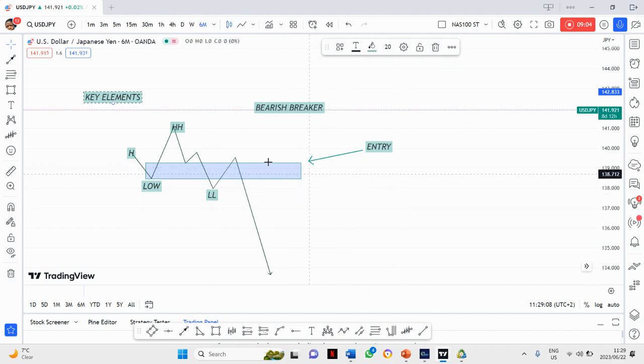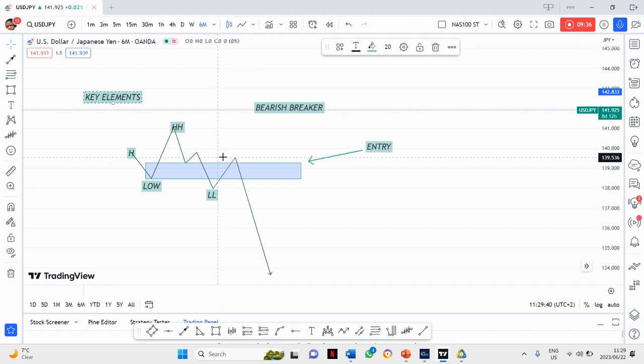So here's the entry of the market. Where you have to enter the market is always here. You don't have to look for somewhere else. If it confirms that the market is going to drop, you can just enter here or you enter here. That is what happens to the market.